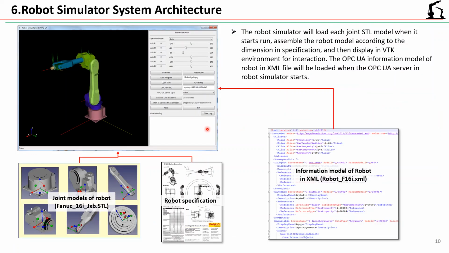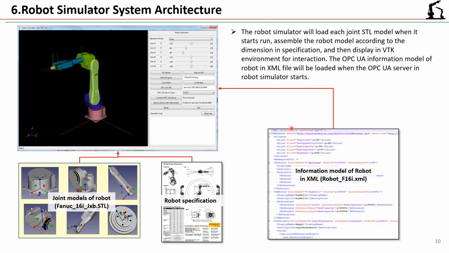So when the robot simulator starts, it will load the joint STL models one by one, and it will also use offset data extracted from the robot specification to arrange the proper location of each joint to assemble the whole robot into the VTK environment.